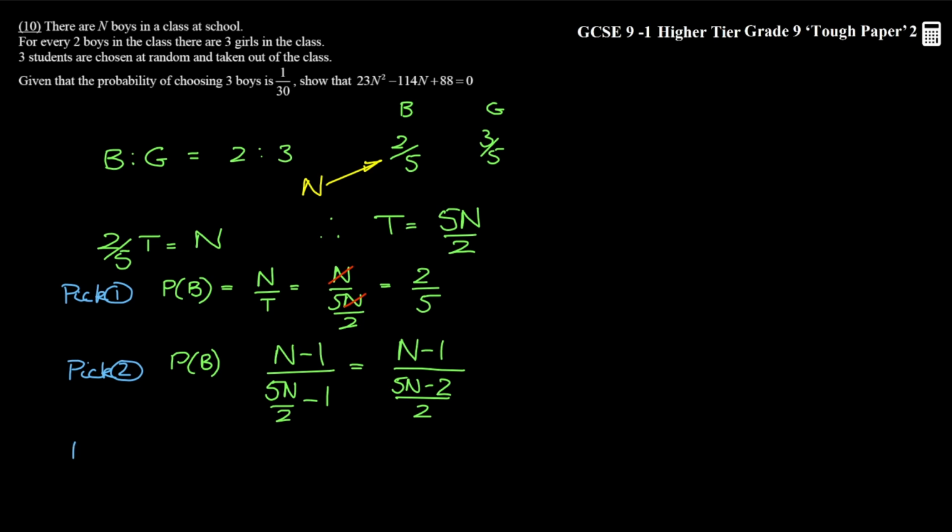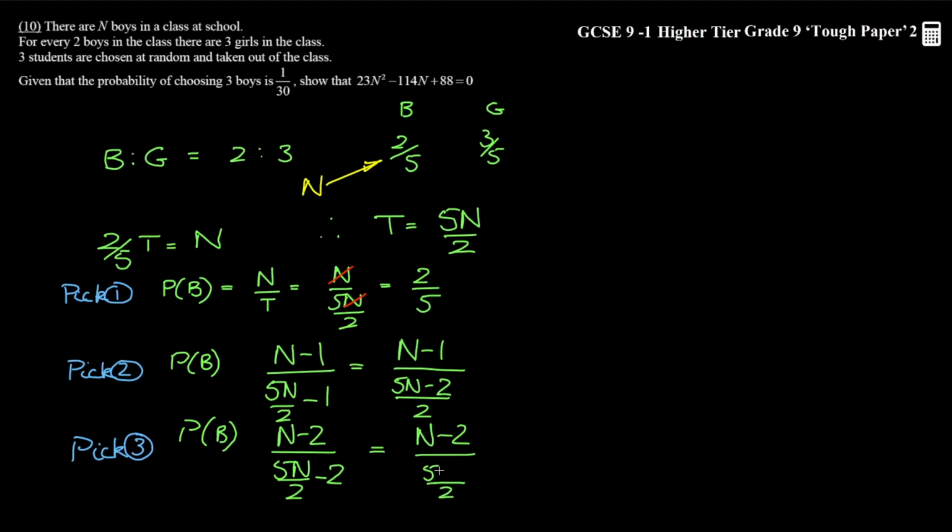But let's work out pick 3 first. Pick 3: the probability of picking a boy is n minus 2, because remember we've picked 2 boys already, divided by the total, which is also now down by 2, which is 5n over 2 minus 2. Again, simplifying that a little bit, that's n minus 2 divided by, in a similar way, all over 2, this is 5n minus 4.